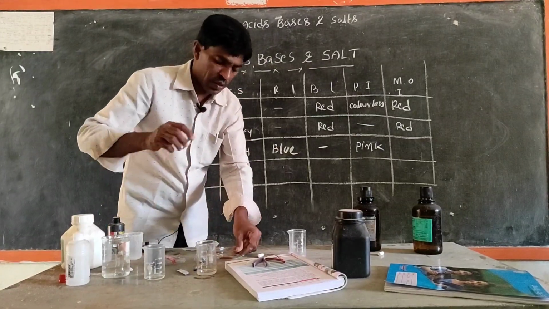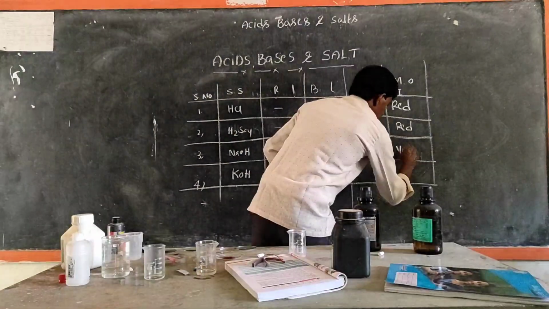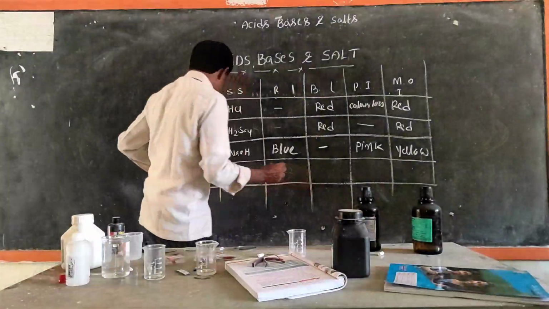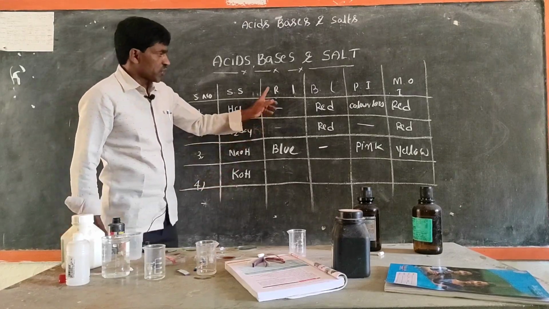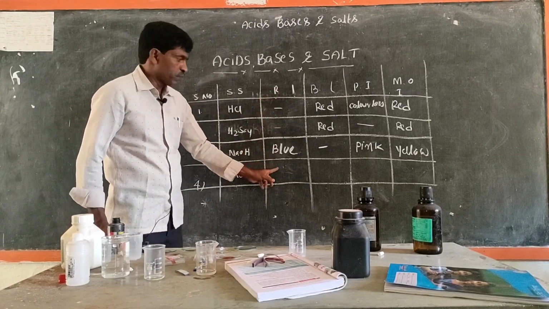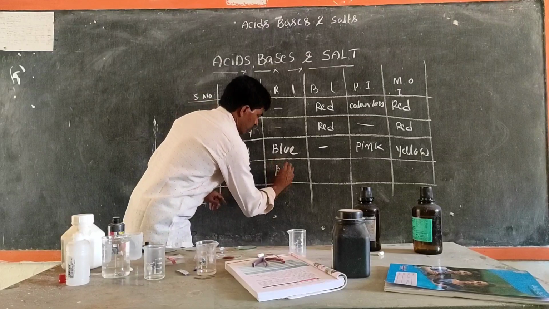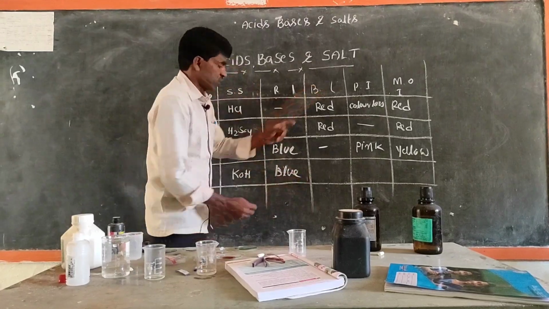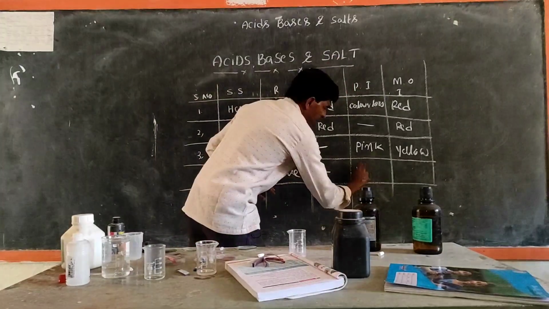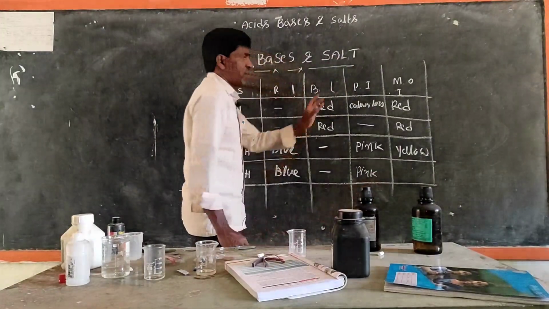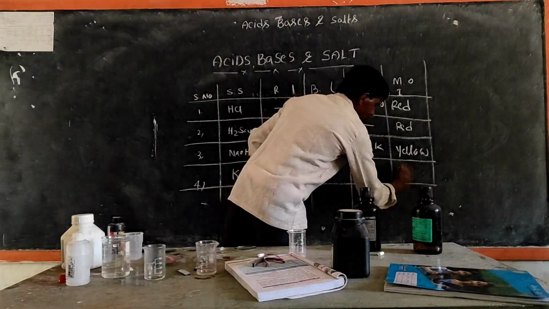Similarly, potassium hydroxide turns red litmus blue. Blue litmus shows no change, phenolphthalein indicator is pink, and methyl orange indicator is yellow.